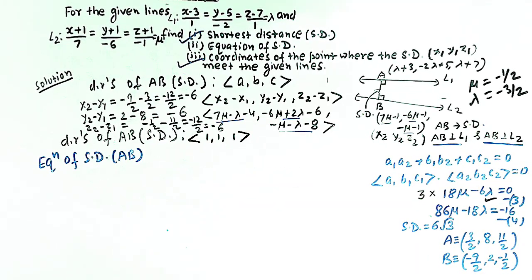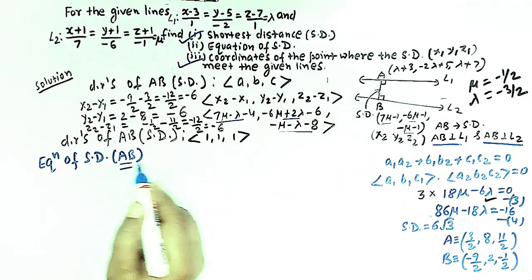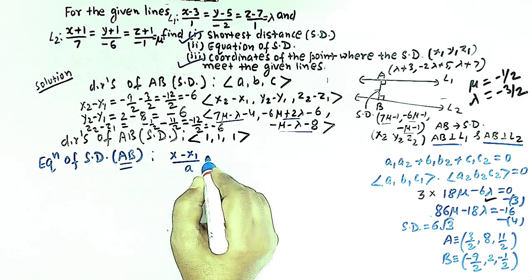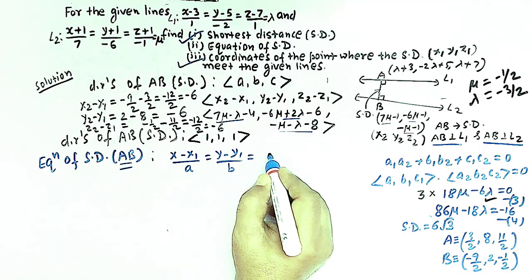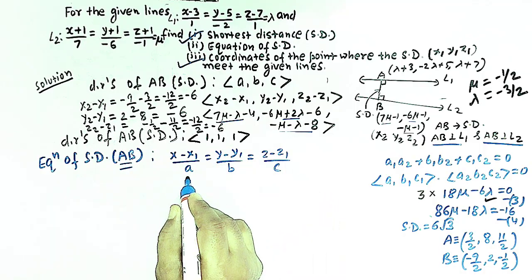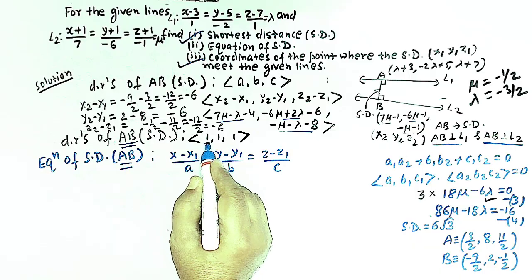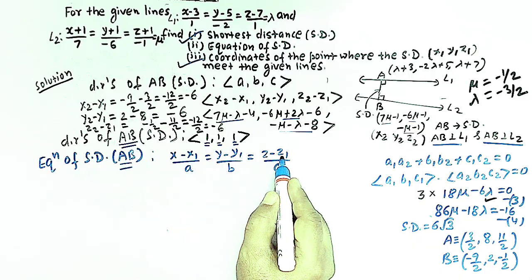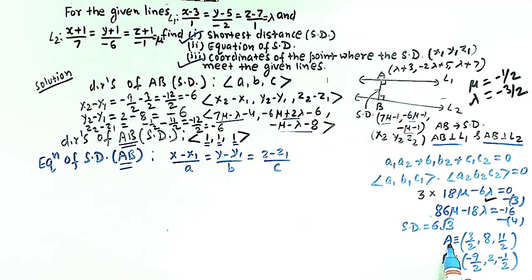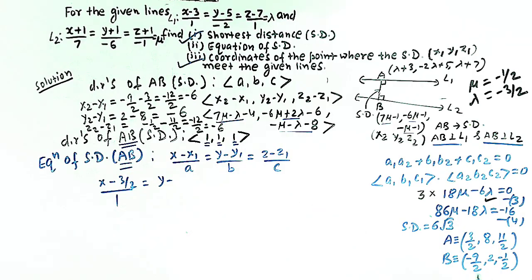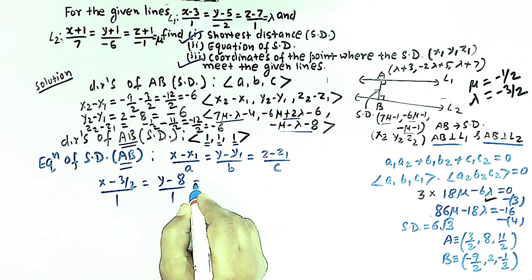So the symmetric form of the equation of the line of shortest distance AB can be obtained by using the symmetric form x minus x1 over a, y minus y1 over b is equal to z minus z1 over c, where a, b, c are the direction ratios of AB, and the direction ratios are given by 1, 1, and 1, and x1, y1, z1 may be taken as this point A. So the equation of the line of shortest distance AB is given by x minus x1, x1 is 3 over 2, and a is 1, and then we have y minus y1, y1 is 8, and here b is 1.